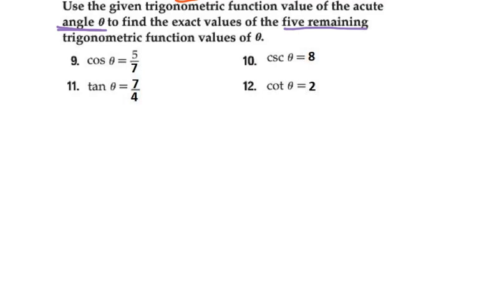Since it's an acute angle, we can draw a right triangle with theta as one of the acute angles. Since the given is a major trig function, cosine means A over H. So we label here 7, and this is theta, and we have 5 here.